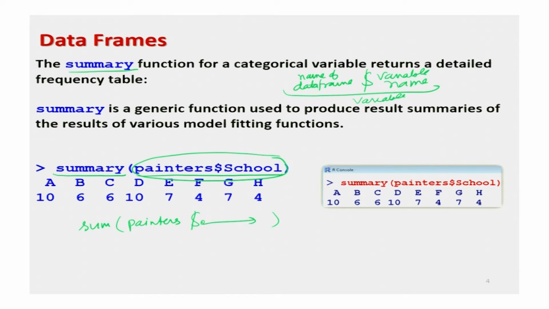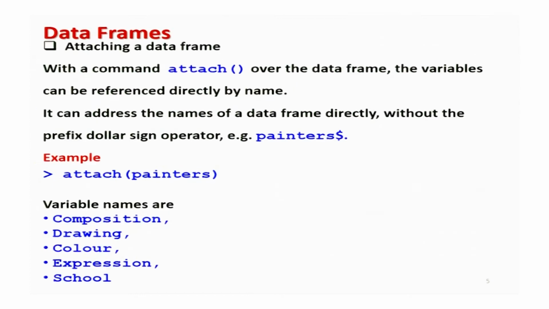So basically, in order to access a particular variable, first you have to write the name of the data frame. Now there is an alternative in R to do such operations, in which you do not need to write the name of the data frame again and again.